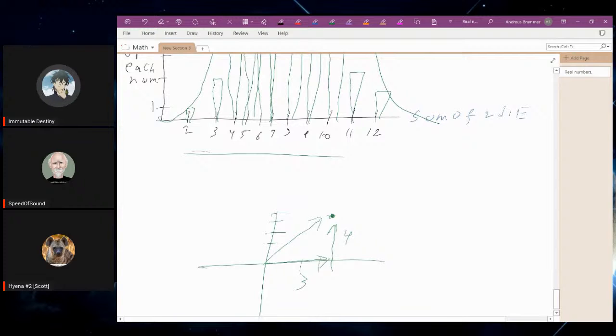The idea of superposition is thinking about when I combine these two vectors. So when I combine this vector that moves in the direction of x at 3 units, and I combine it with a vector that's moving up 4 in the vertical direction, I get a vector called 3, 4.